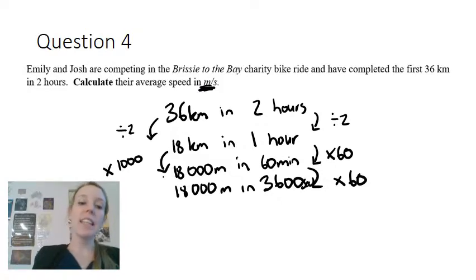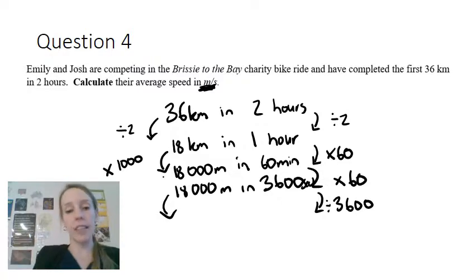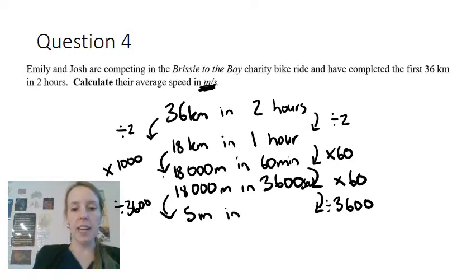So they've gone 18,000 meters in 3,600 seconds, but it wants per individual second. So I'm going to divide those 3,600 seconds by 3,600 to get 1 second. And I'm going to divide both sides to find out how far they go in 1 second. So 18,000 divided by 3,600 is 5. So 5 meters in 3,600 divided by 3,600 is 1.